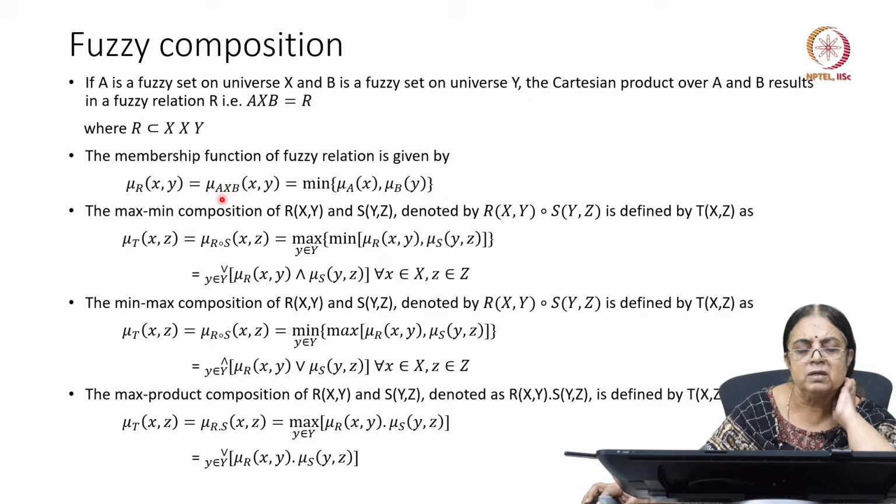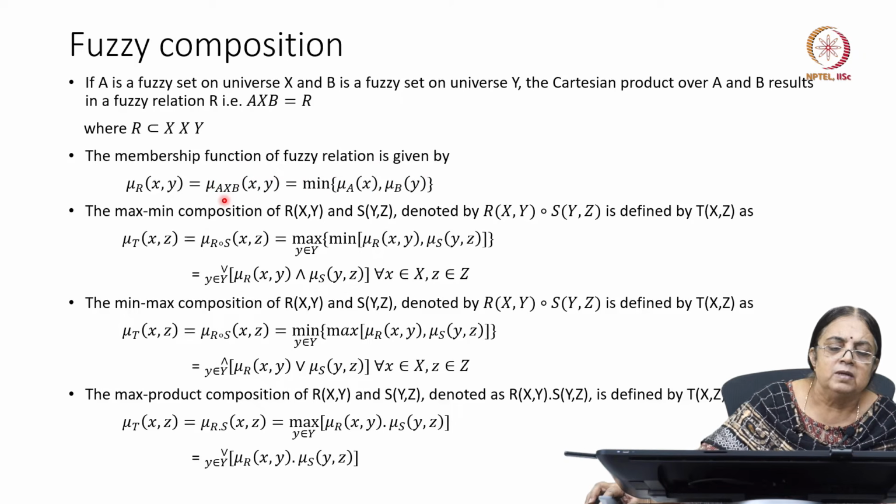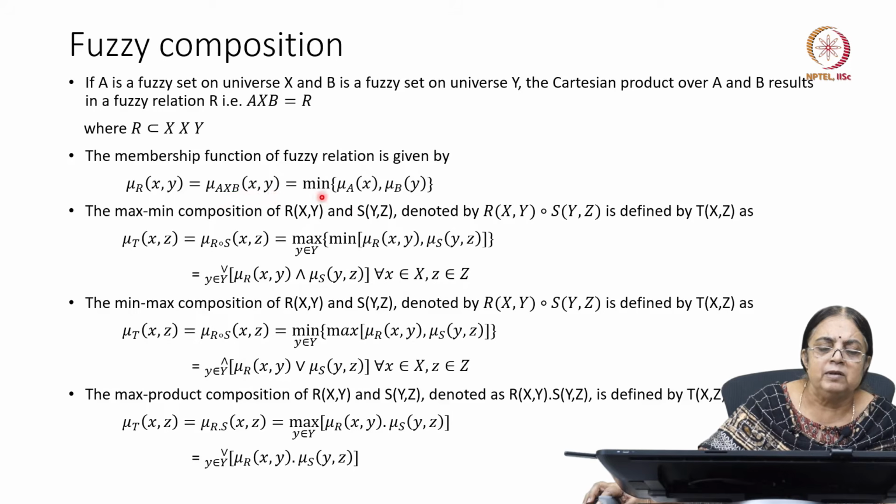The membership function of the fuzzy relationship A cross B at xy will be the minimum of mu A of x and mu B of y.